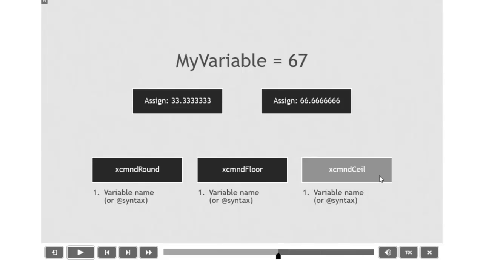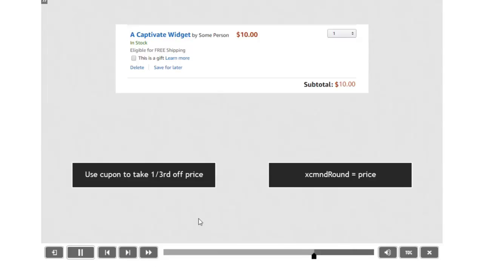And you would think I have pretty much everything covered there. But there are some other situations where you still need to be a bit more specific about things. For example, here I have an excerpt of a shopping cart interaction where I have something in my shopping cart, it costs $10. Now let's say when I click this button, it's going to add a coupon to the shopping cart, which takes 1/3 off the price.